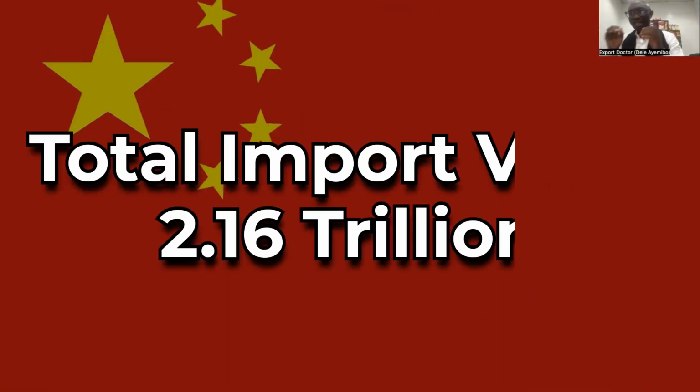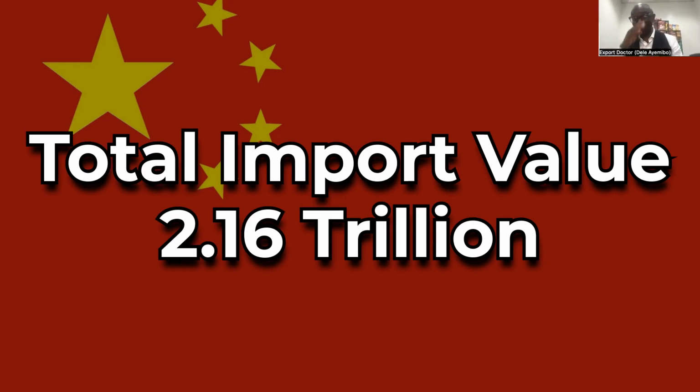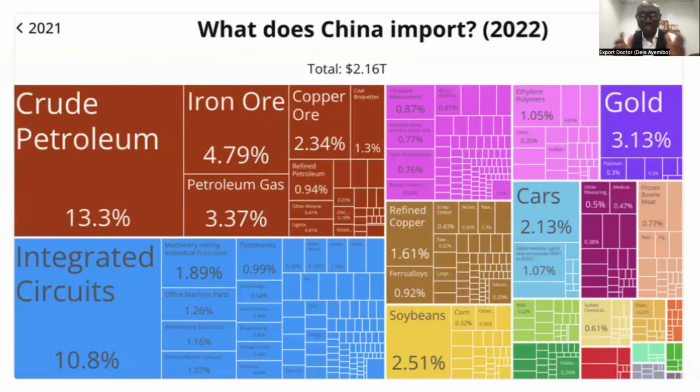By the way, the import volume of China is over $2 trillion. Global trade is just about 24 to $25 trillion, and China alone is taking up over $2 trillion. That tells you the level of dependence of the global economy on China.